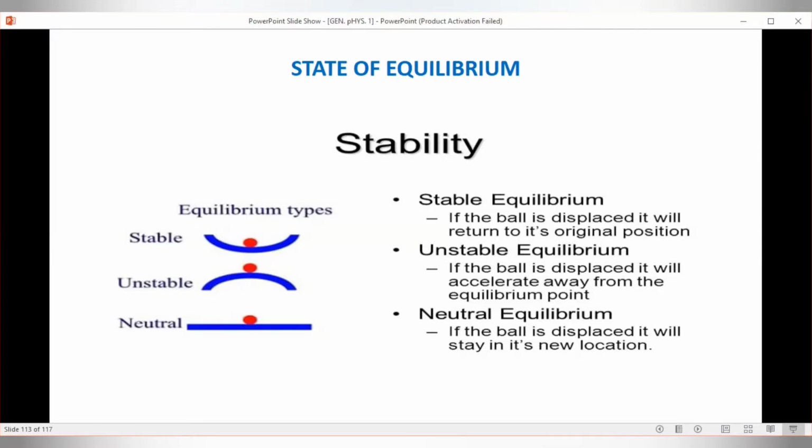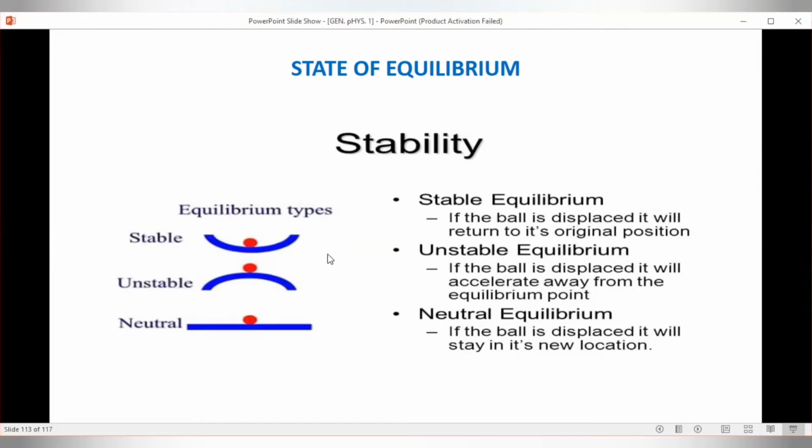However, when we say unstable equilibrium, it is achieved by a small displacement or rotation. The equilibrium is unstable if the center of gravity is at its highest possible position. For example, if the ball is displaced, it will accelerate away from the equilibrium point. So take a look at the figures illustrated.